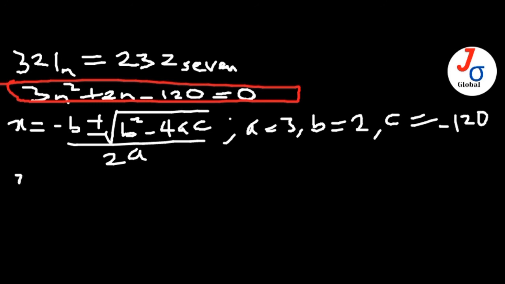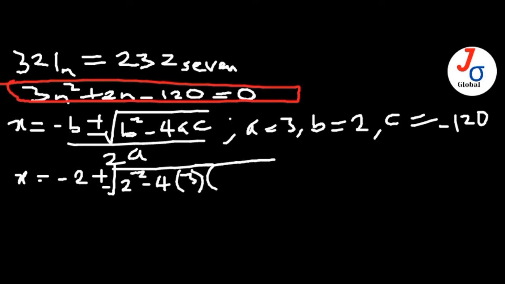Okay, so what's our x? Our x now becomes minus our b, which is 2, plus or minus square root of b, that's 2 squared, minus 4 times a, which is 3, times c, which is minus 120. So close that, then all divided by 2 times a, which is 3.